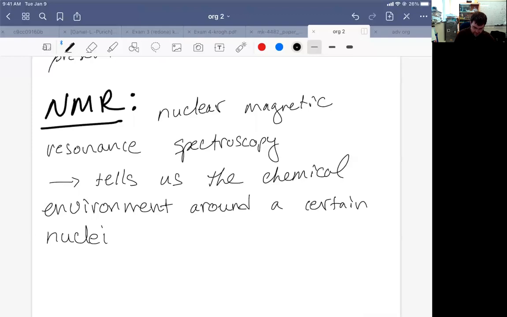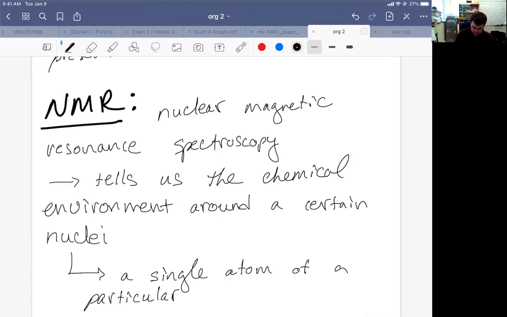By nuclei, I'm referring to a single atom of a particular element. I could just stop there, but I'm going to say element type.